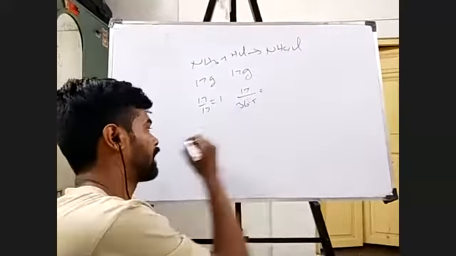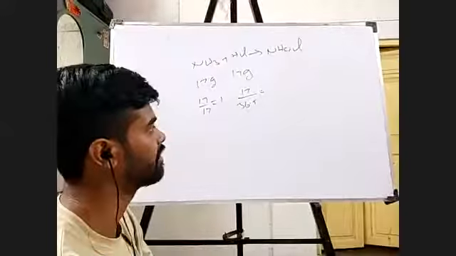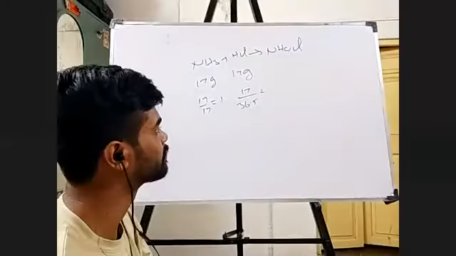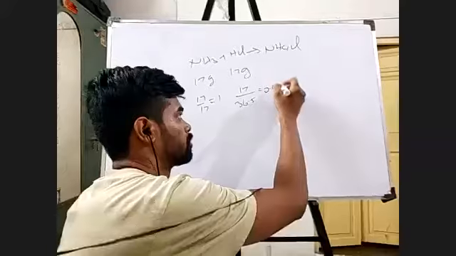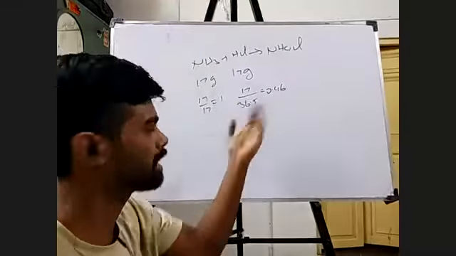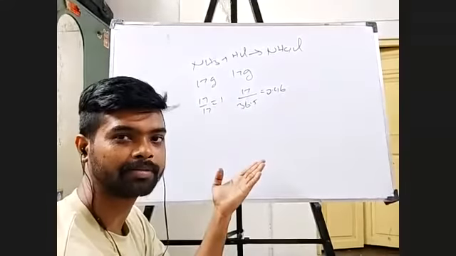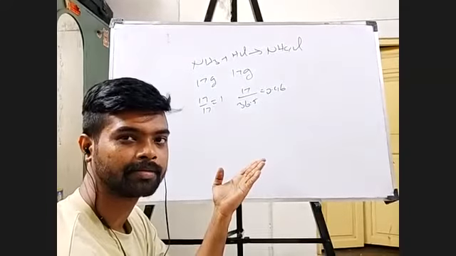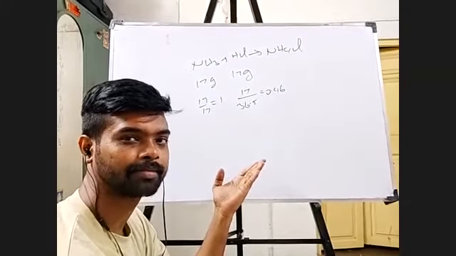If I calculate 17 divided by 36.5, how much is it? 0.46 moles. Thank you. Now I can easily say which is the limiting reagent. HCl, correct.